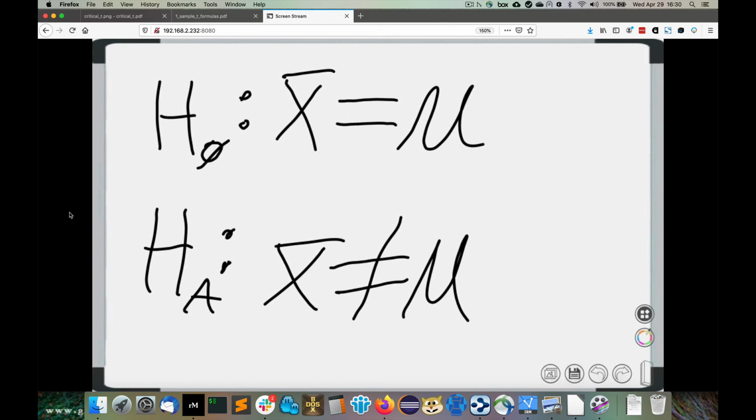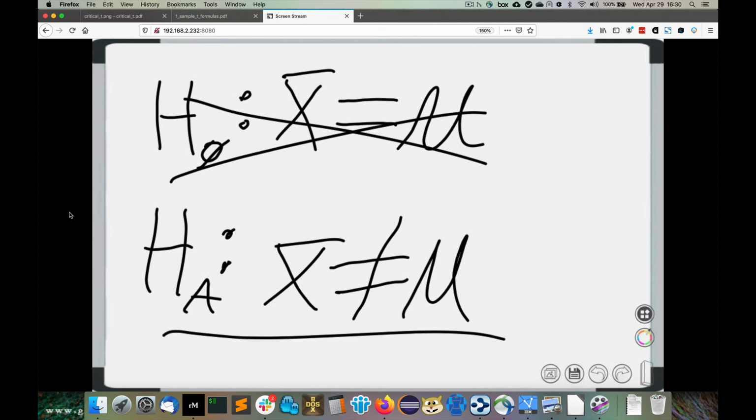We're either going to fail to reject the null hypothesis, or we're going to reject the null hypothesis. And if we reject the null hypothesis, that just leaves us with the alternative hypothesis. Okay? So we're testing there is a difference, there is not a difference. There is not a difference is represented by the null hypothesis. There is a difference is represented by the alternative hypothesis.